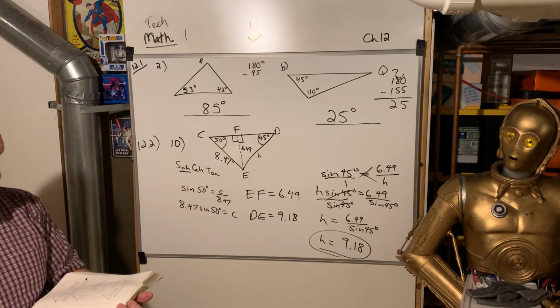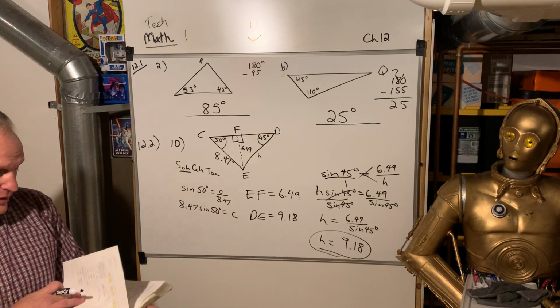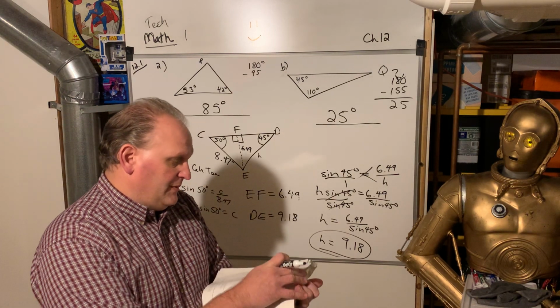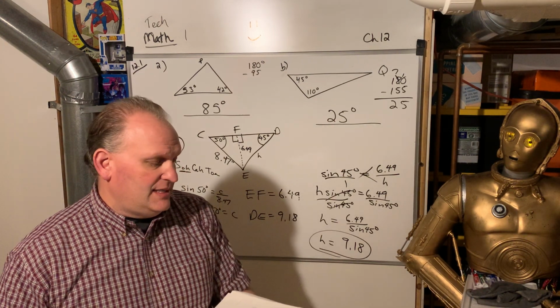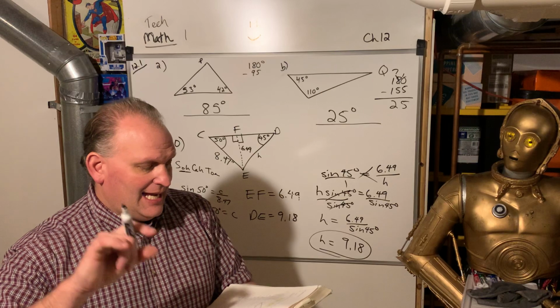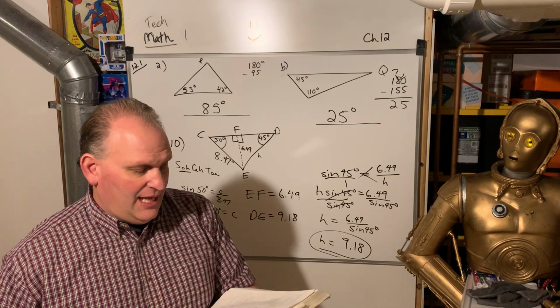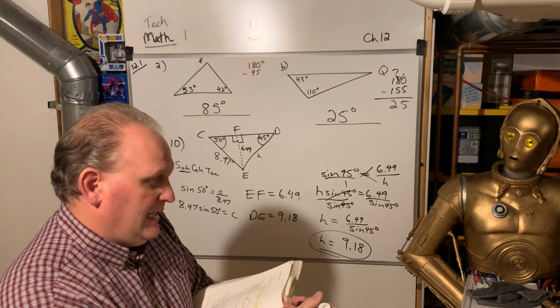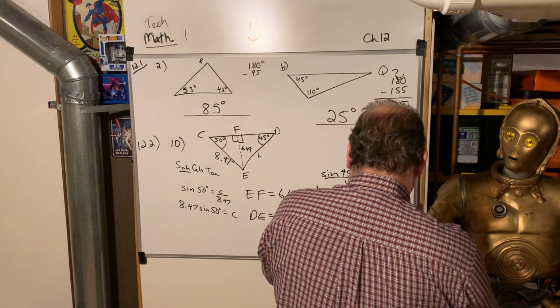Okay, let's take a look at the law of sines. The law of sines basically says the side over the sine of its opposite angle is equal to the side over the sine of its opposite angle.